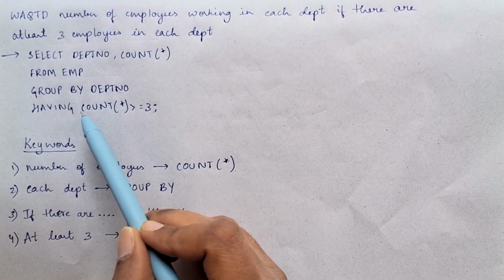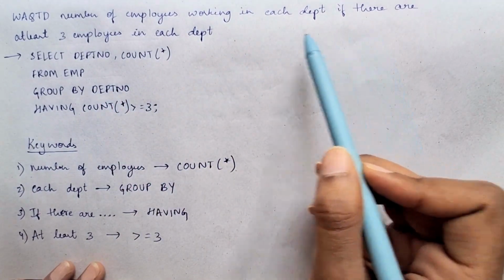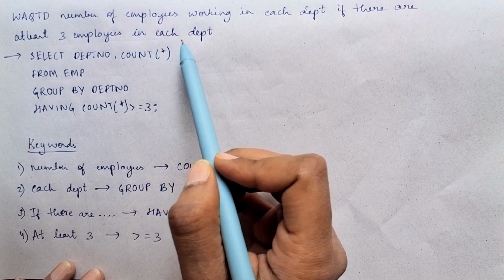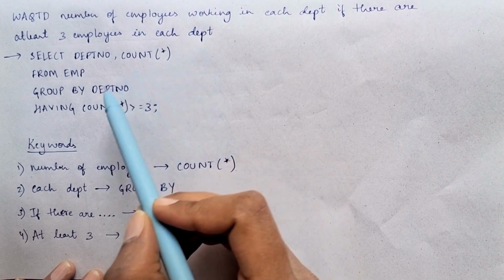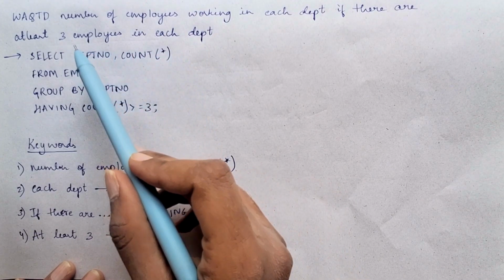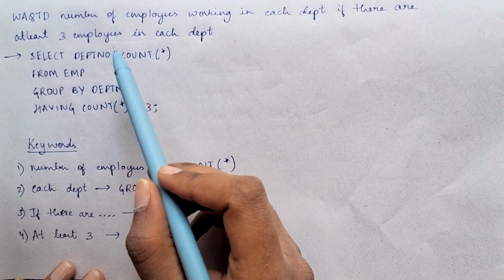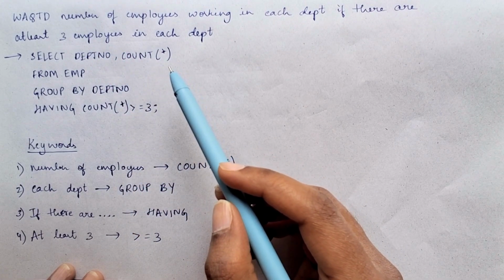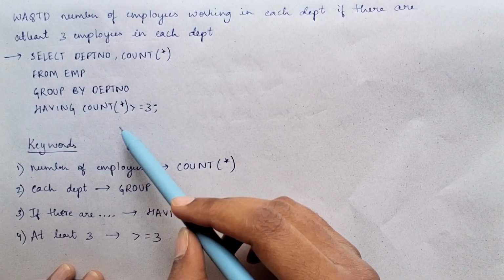And after that, we have a condition if there are at least 3 employees in each department. We have to use having clause because the condition at least 3 implies to the group's total count. That is, we have to filter the groups. So it must go in having clause.